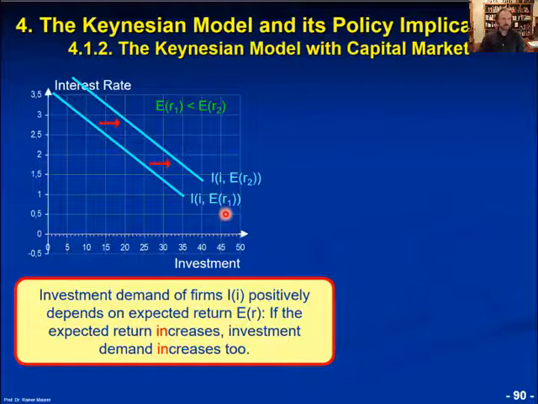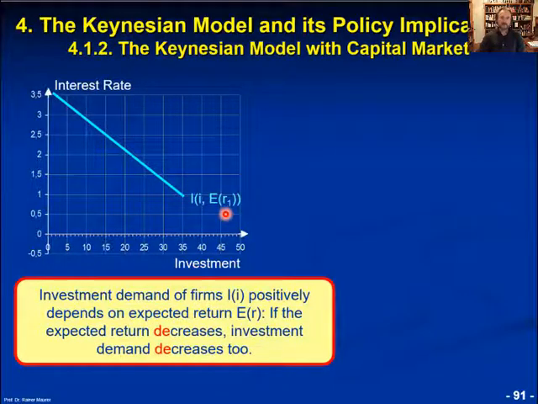So the expected return is here a shift parameter for the investment credit demand function. If, to the contrary, the expected return decreases, the investment credit demand curve shifts to the left or downward.